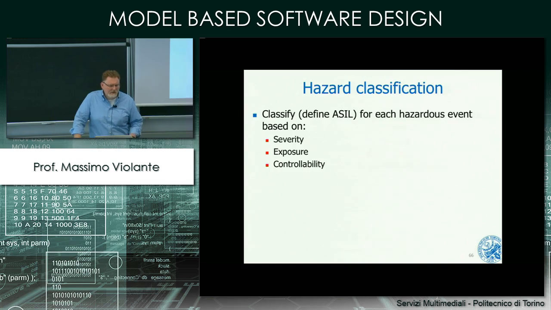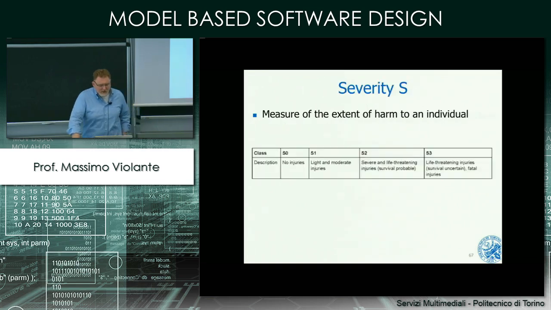This number tells how severe the hazard is, how likely the exposure is, how controllable the hazardous event is. Here is a description of the different parameters that we have to consider.